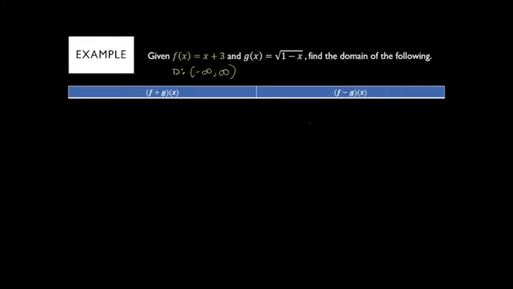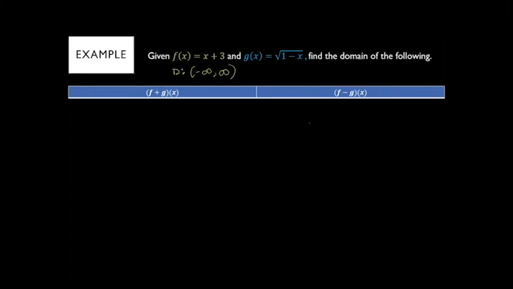Now on the right, we have g of x, which is a square root. And the domain is a little trickier here. I'm going to color code here. So the basic rule, if we're graphing something and you have a square root, you do not want to have imaginary numbers because we can't graph imaginary numbers.